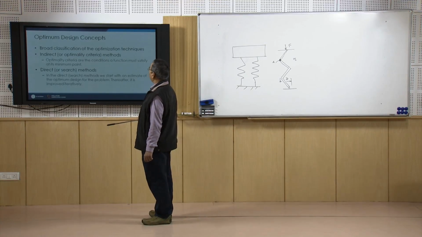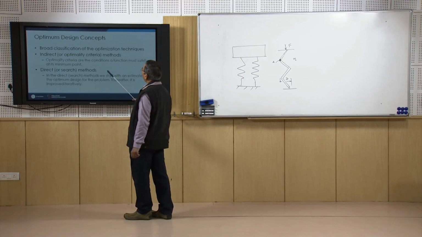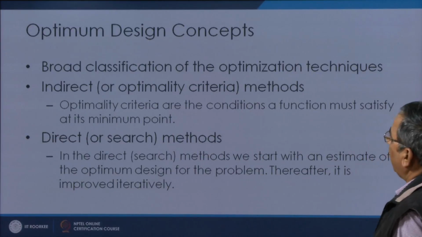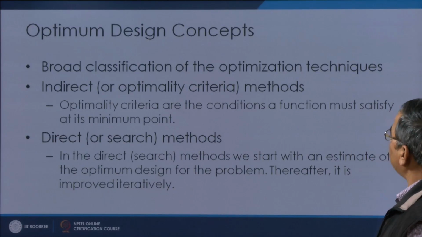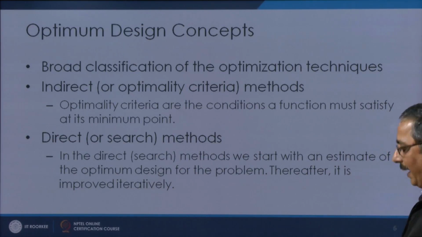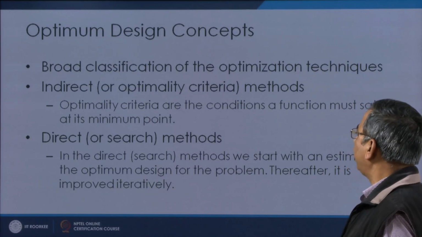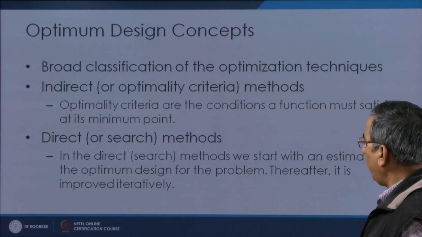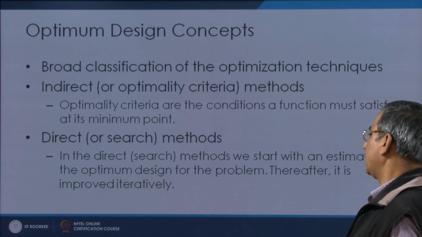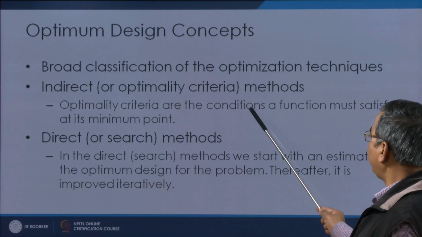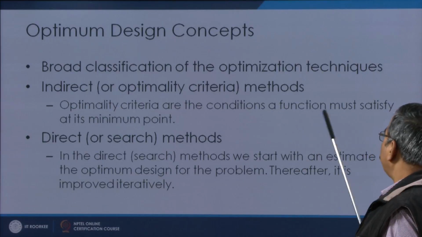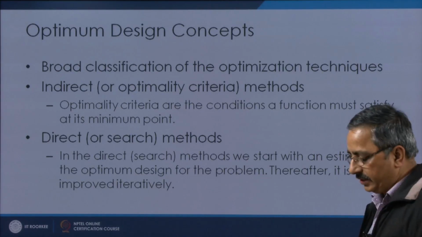Now, let us look at optimum design concept. There is a broad classification of the optimization technique, and this classification comprises indirect, or what we call the optimality criteria method, and the direct or the search method. The optimality criteria are the conditions a function must satisfy at its minimum point.